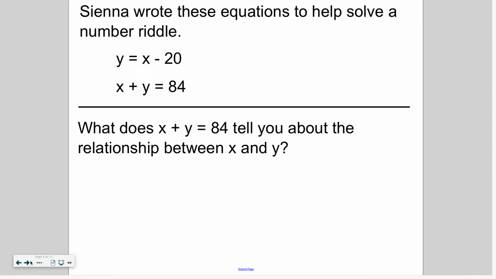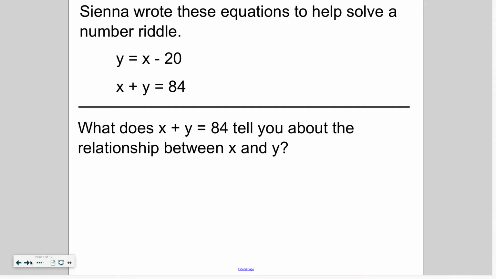Like someone said 80 and 4, someone said 60 and 24. How do you know they're solutions? Because they both add up to 84. Okay, and where would they fall if we graph that line? Where are the solutions? A point on the line. Every coordinate on that graph is a solution.